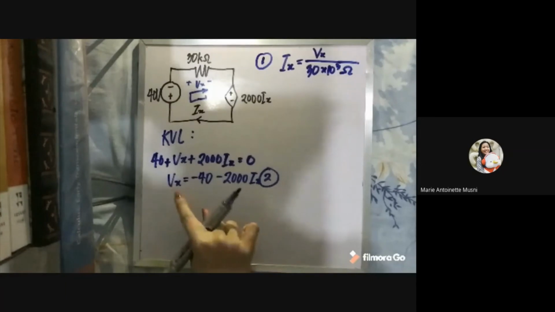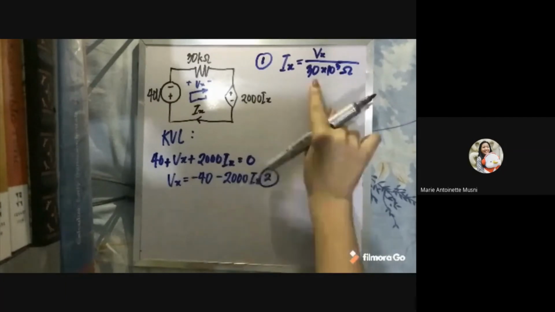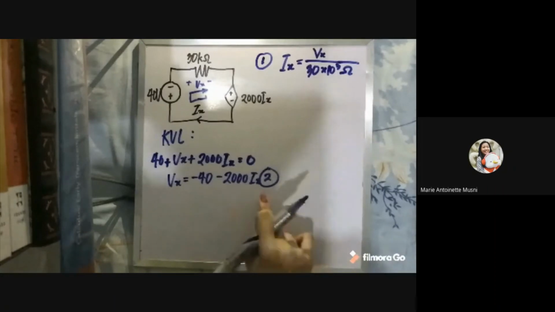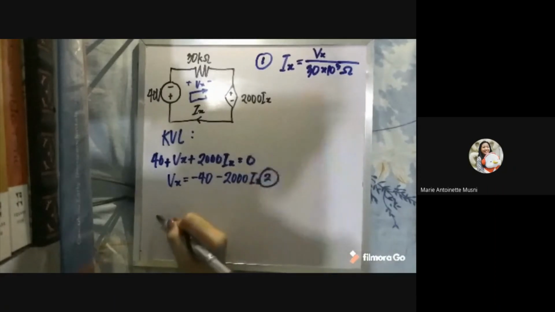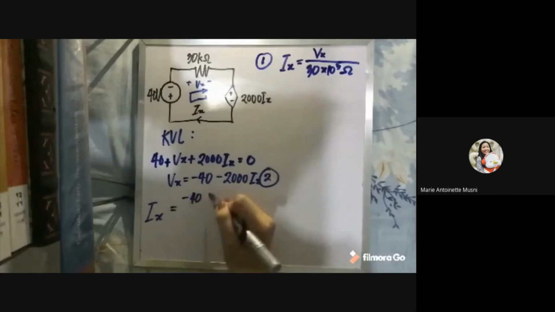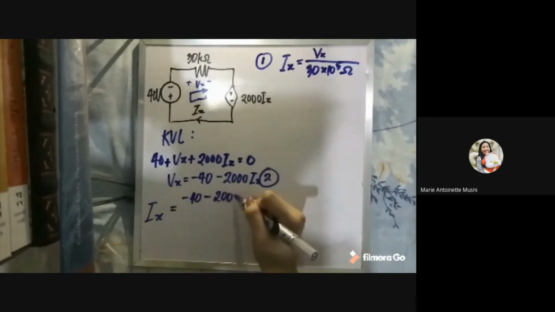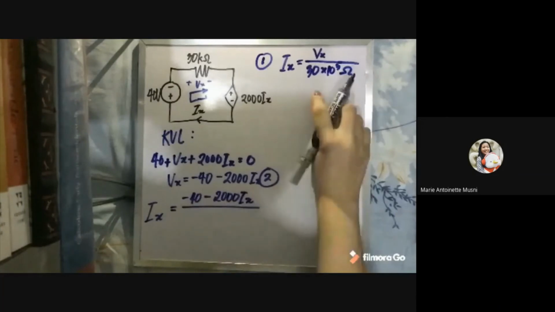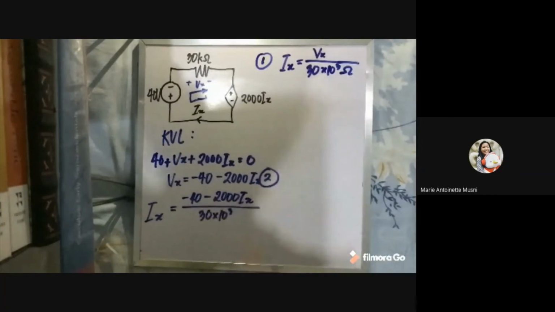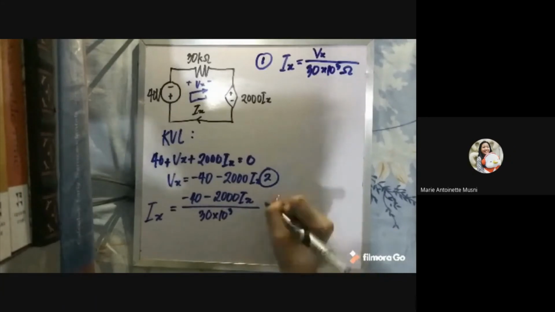We can now plug the values of Vx into our first equation. We're going to substitute equation 2 into equation 1. So Ix equals Vx, that's negative 40 minus 2000 Ix over the 30 times 10 raised to 3 ohms resistance.